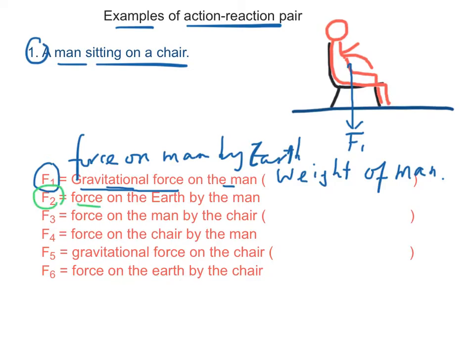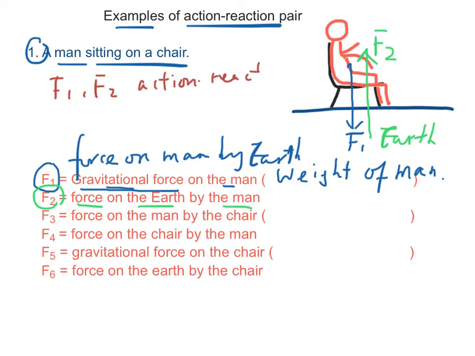F2 be the force acting on the earth by the man. In this case, F1, F2 are action and reaction pairs, because they are the force on the man by the earth and the force on the earth by the man.